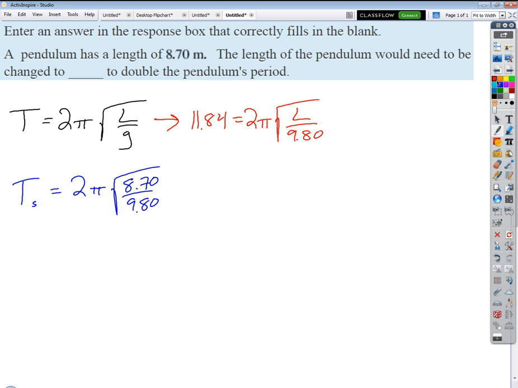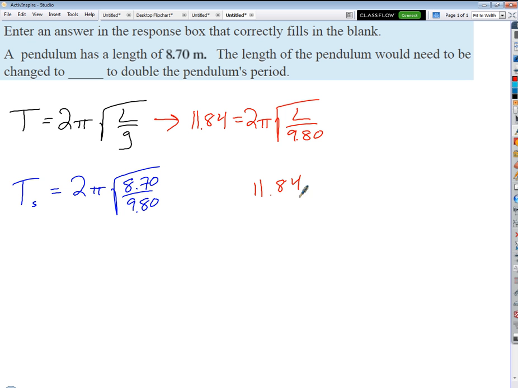So the first step is going to be 11.84, and really I'm going to use the number in my calculator, divided by 2 pi equals the square root of L over G. So now what? Square it. You're right, it is 9.8. Square both sides.